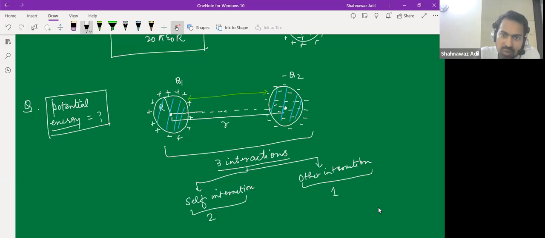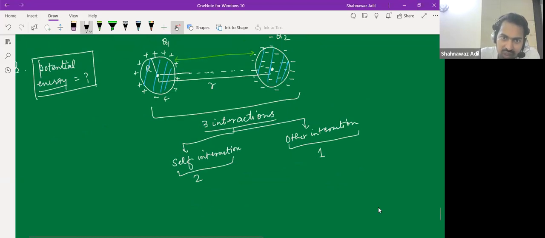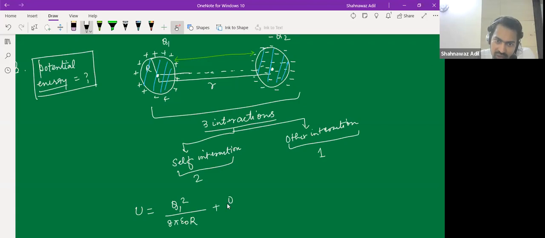So what would be the total energy? This would be q1 square by 8 pi epsilon naught r, and then minus q2 squared is also plus, so 3q2 square by 20 pi epsilon naught r.